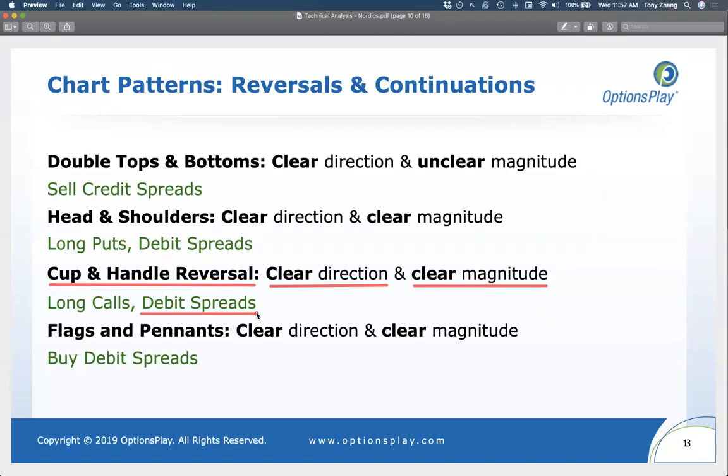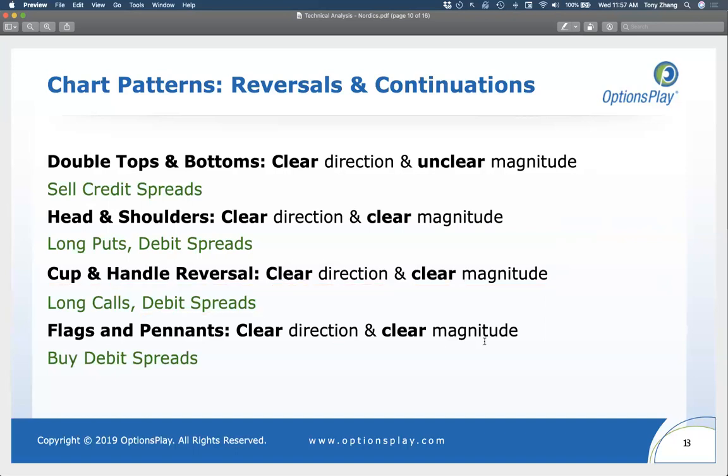Meaning when you're thinking about what the right strategy is for my outlook, ask yourself the question: do I have a clear sense of direction, and do I have a clear sense for magnitude? If the answer is yes to both, debit spreads, long calls or puts are useful. If you have no sense for magnitude, you want to sell credit spreads.